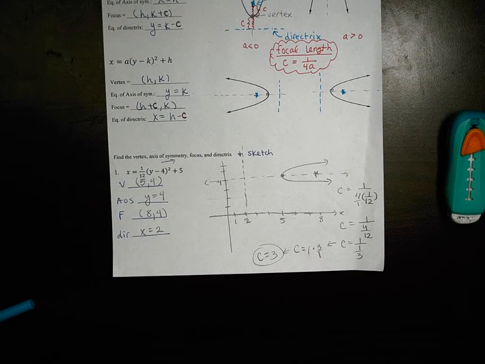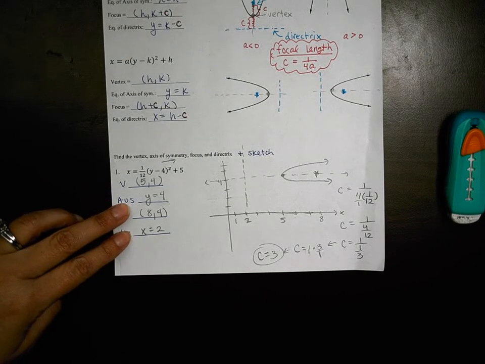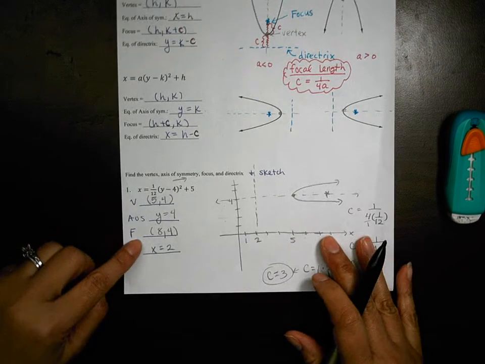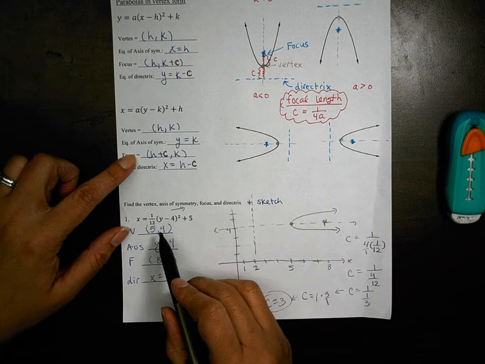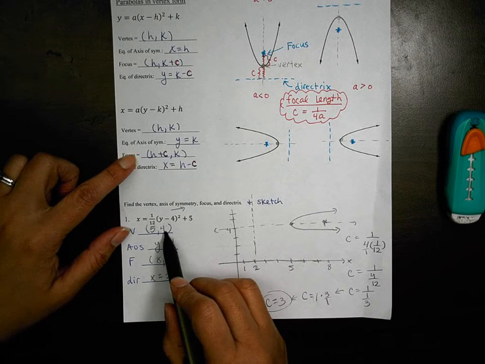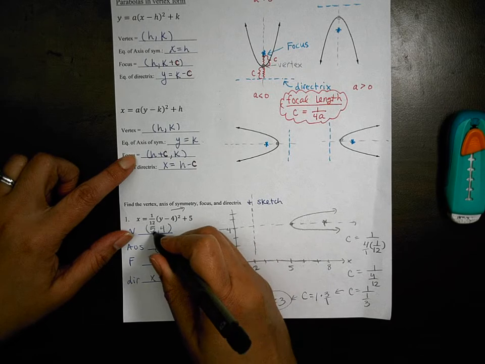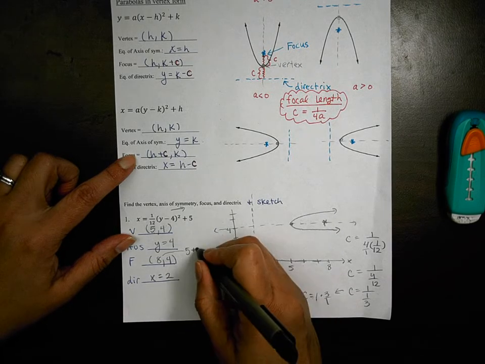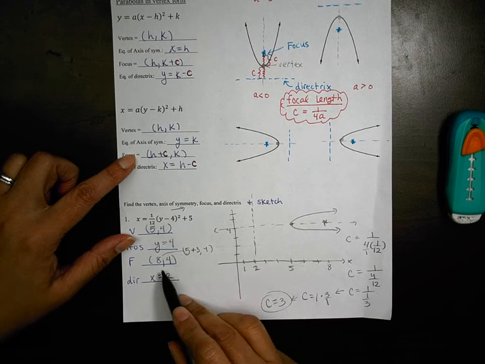All right. Does anybody want me to show you how to find those using the formula? Okay. Using the formula, what you would have done was h plus c comma k. This is h, this is k. So this here would have been 5 plus c, c is 3, comma k. 5 plus 3 is 8, comma 4.